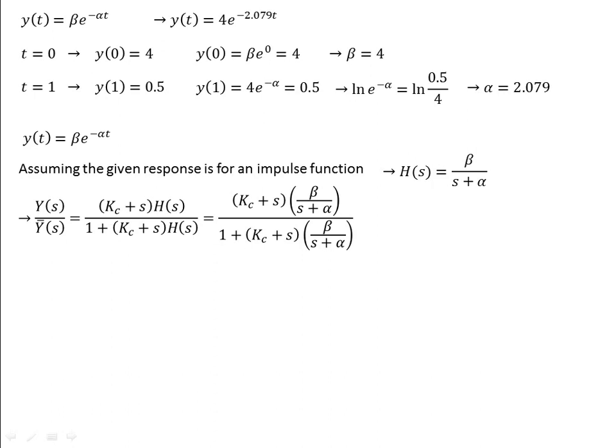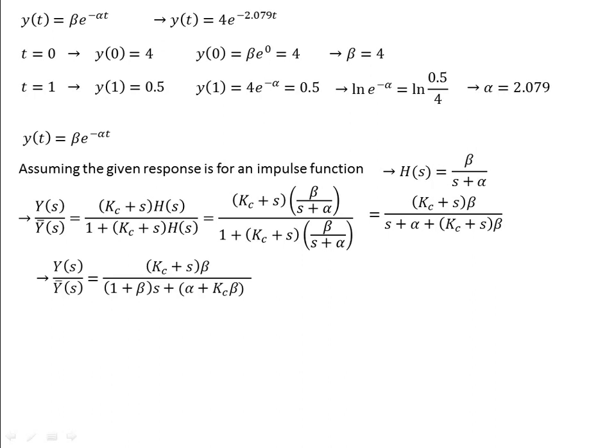If we do the multiplication and further simplify the denominator, the transfer function will be in the form of (Kc plus s) multiplied by beta over (1 plus beta) s plus alpha plus Kc beta.